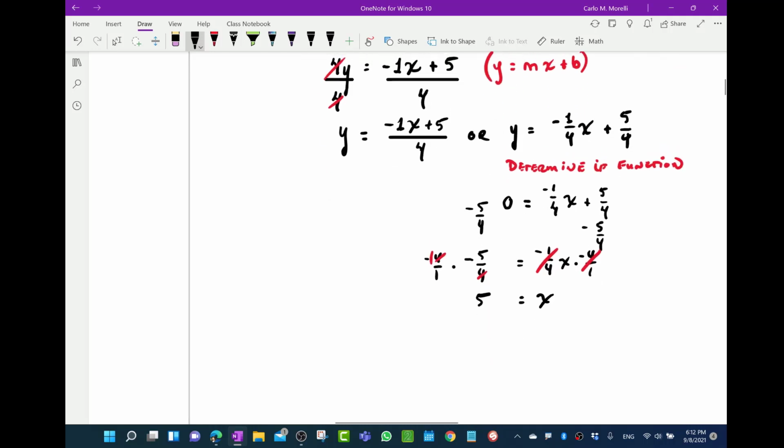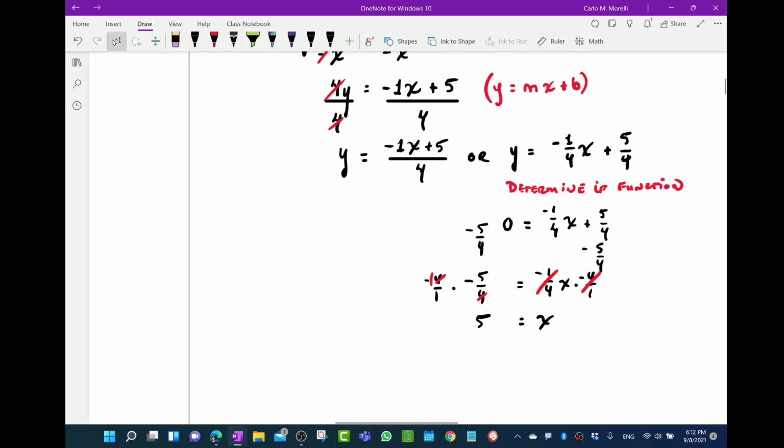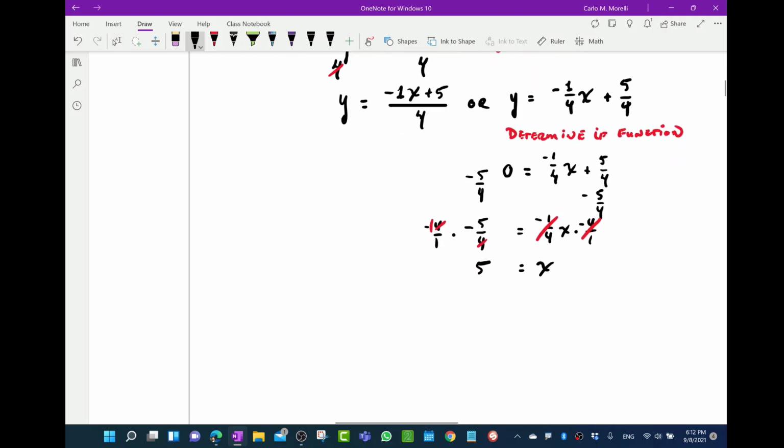So let's just try another x value, right? Let's try another y value rather. Let's try where instead of we replace the y with a 0, let's replace the y with a 1 and solve for x again. So let's say 1 equals negative 1 over 4x plus 5 over 4.